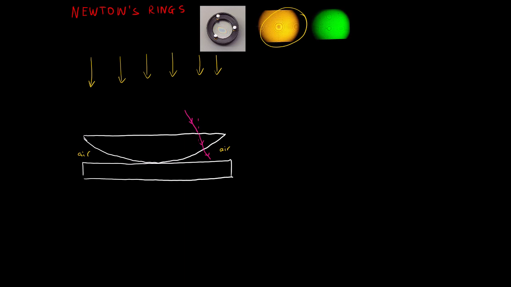One wave is going to be reflected from this surface, and another is going to reflect from this surface. These two waves, 1 and 2, are going to interfere constructively or destructively and create rings. Because the thickness starting from the contact point is constantly changing, you will have multiple rings created.